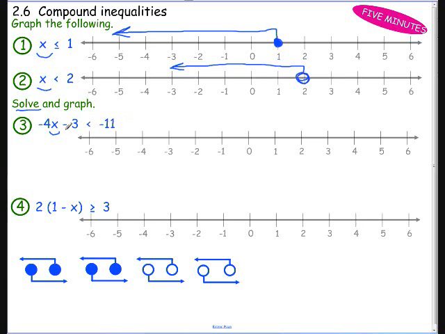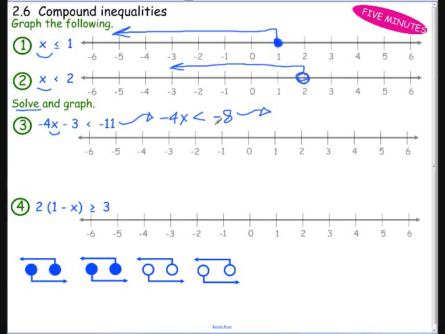As long as we do the same thing to both sides, we're going to be good with an inequality. So I'm going to add 3 to both sides. So this will become a negative 4x. When I add 3 to this side, we get a 0. When I add 3 to this side, I get negative 8.